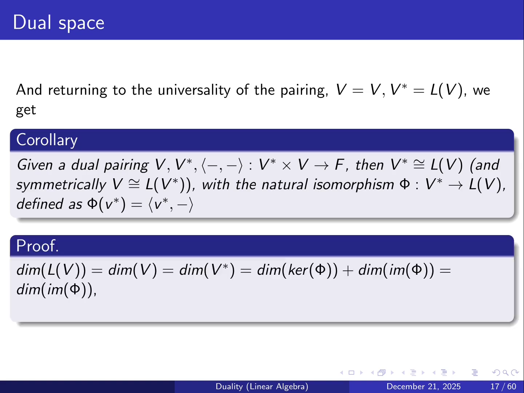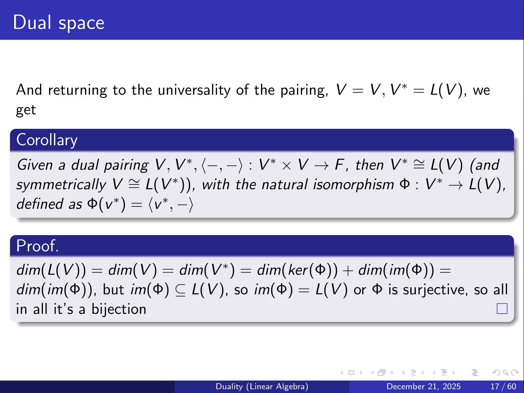This can be shown easily just by equating the dimensions and getting that the image of phi is equal to the whole space of the linear forms on V, so phi is surjective, so all in all it's a bijection.